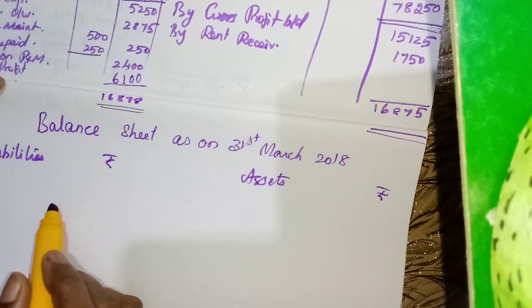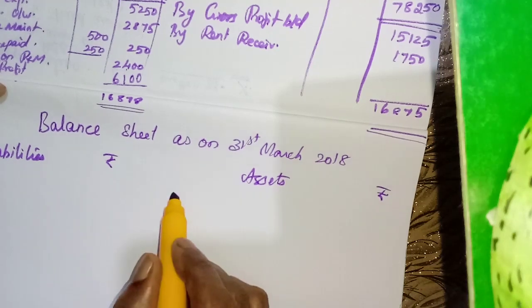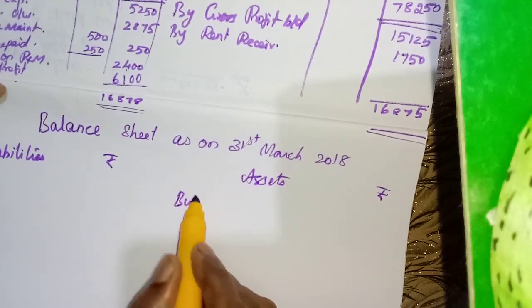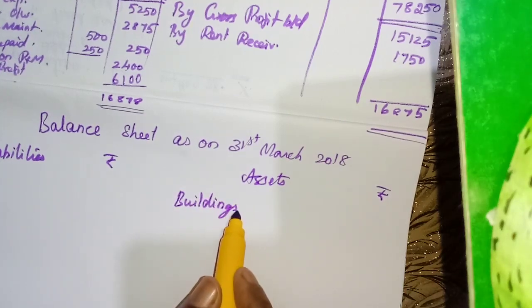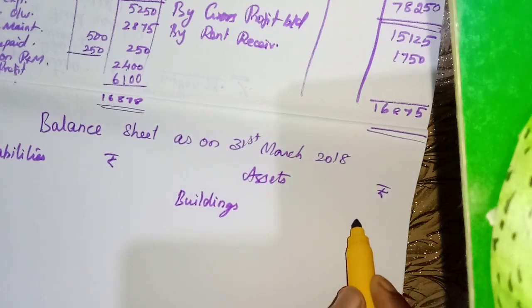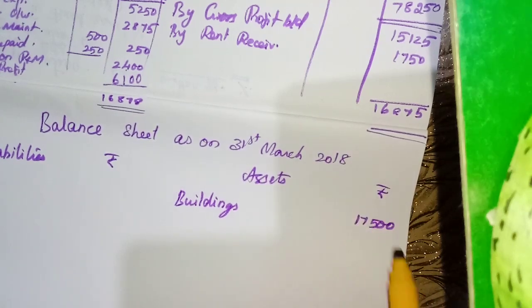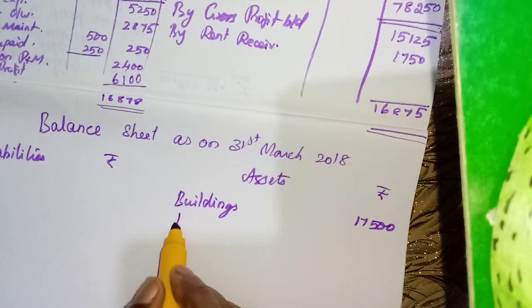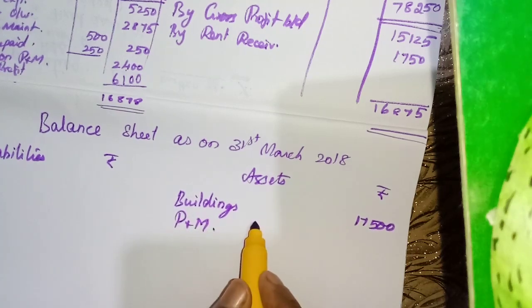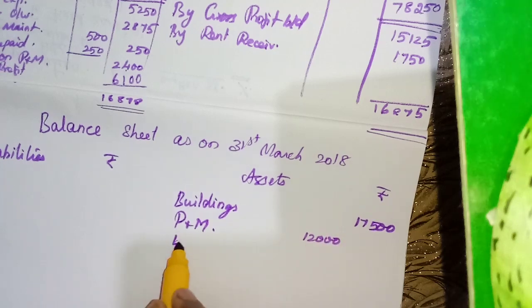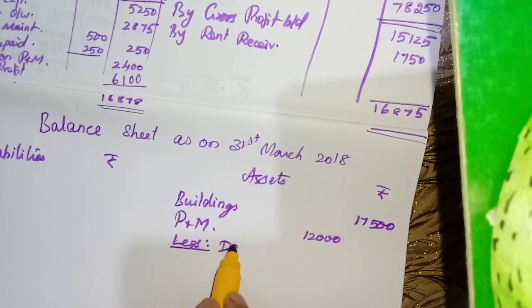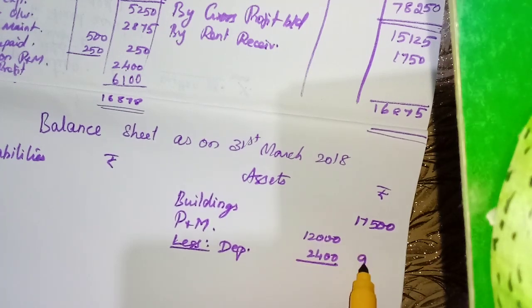Then come from the trial balance, first item, buildings. Buildings have no depreciation, so write the full amount, 17,500. Next one, plant and machinery. You write fully. Plant and machinery 12,000. Then less depreciation 2,400. So 9,600.